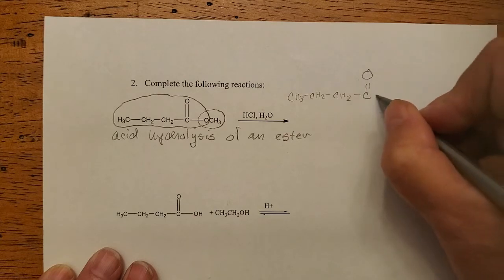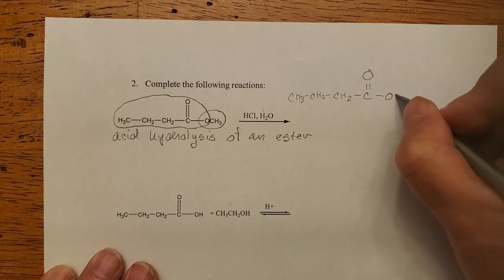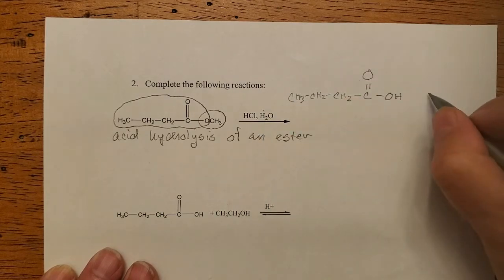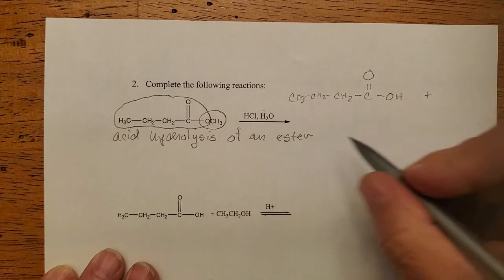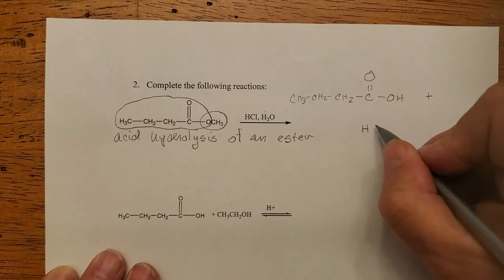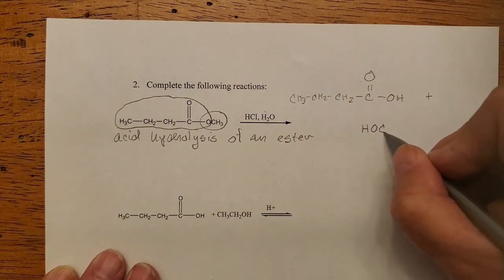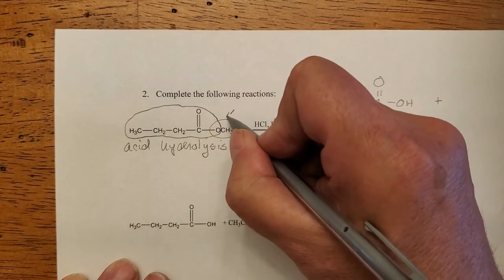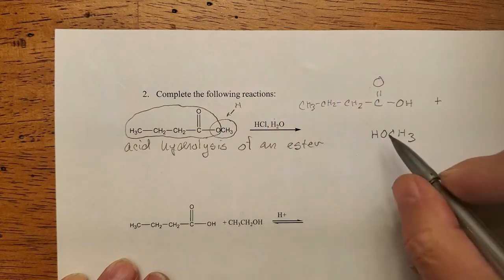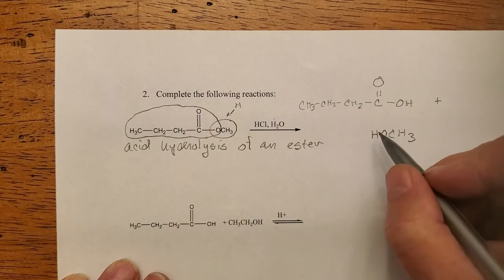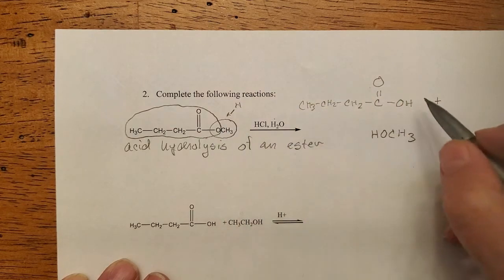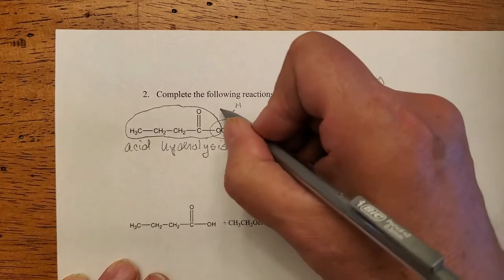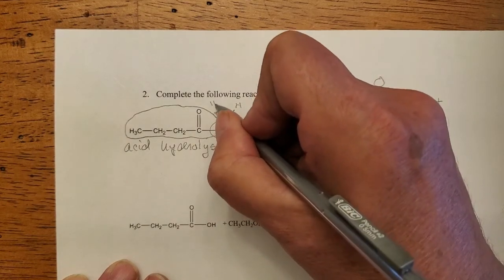Here's the acid portion, and then this oxygen gets protonated with a hydrogen because it's under acid conditions. And the alcohol is going to be HOCH. So literally an H goes on there as the alcohol, and an H goes on there as the acid. So that H goes on twice.